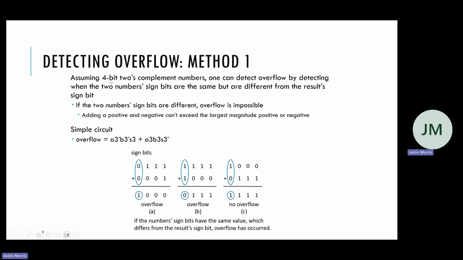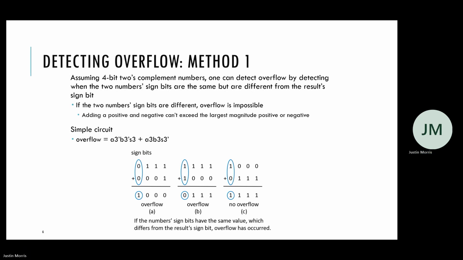Assuming we have 4-bit 2's complement numbers, so these are signed numbers, we can detect overflow by detecting when the 2 numbers' sign bits are the same but different from the result's sign bit. If the 2 numbers' sign bits are different, overflow is impossible when adding a positive number with a negative number with the same 4-bit representation. I can't get outside of the range.